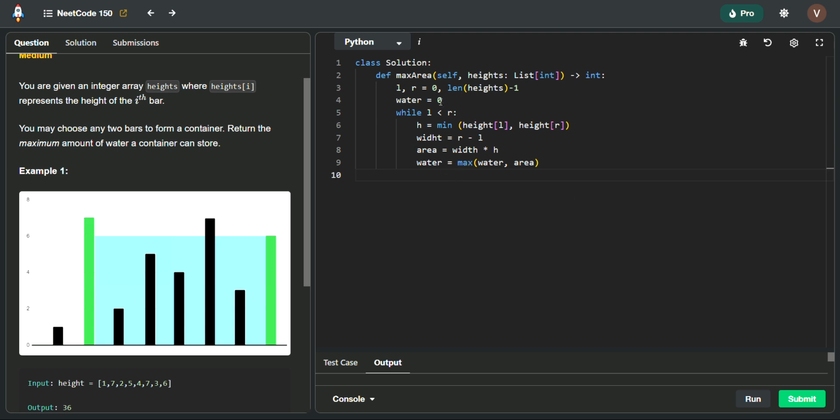In the very first iteration, water is 0. The first area is obviously bigger, and in the second iteration, water is like 15. If our area is bigger than 15, we want water to catch that value, right? And we can say if height at L is smaller than height at R, L plus equals 1, else R minus equals 1.